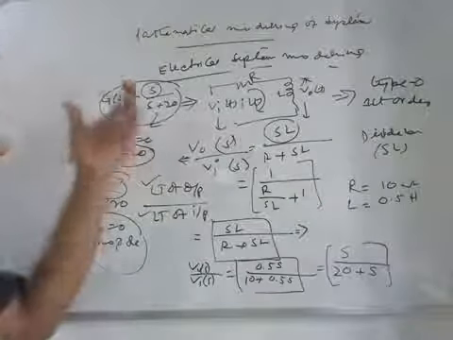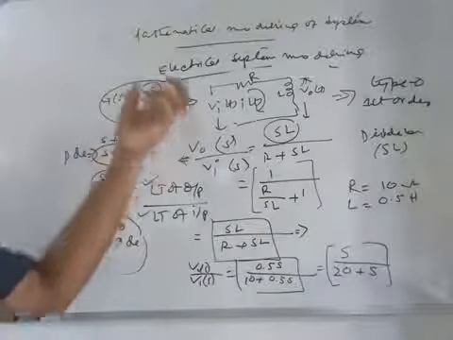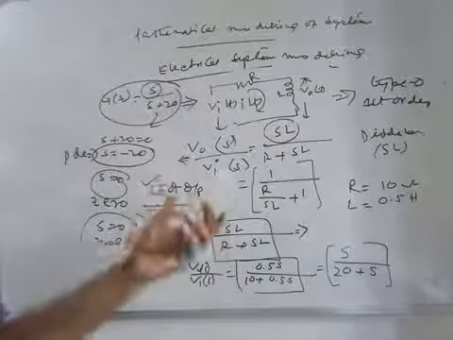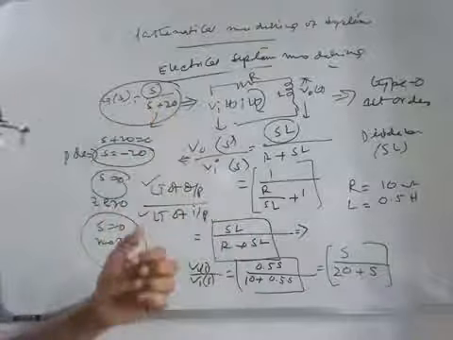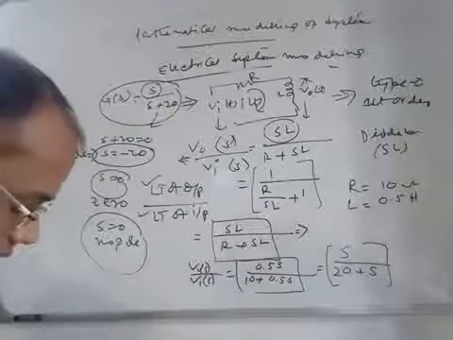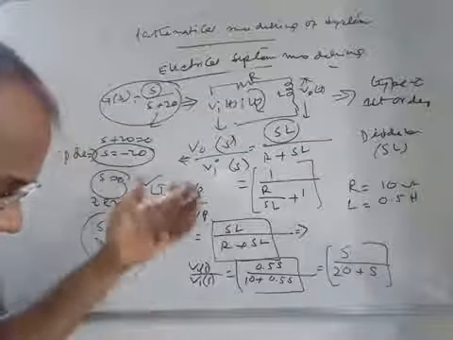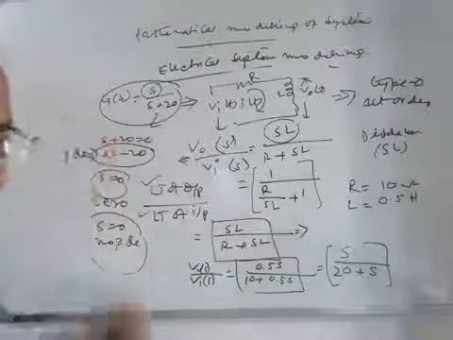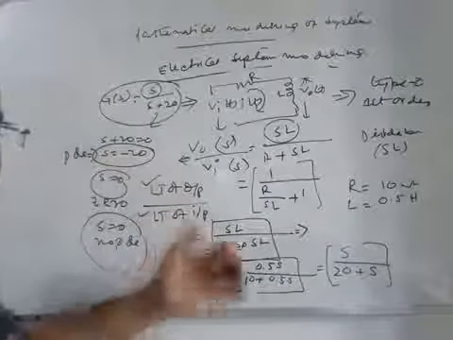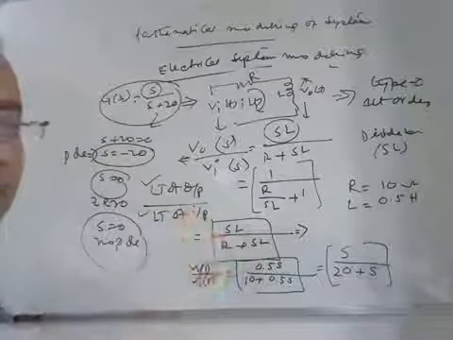I will discuss more on the electrical network, how to model the electrical network like this. Next step, I will consider a circuit which is normally a series RLC circuit, right? Series RLC circuit means the resistance, inductor and capacitor are connected in series.